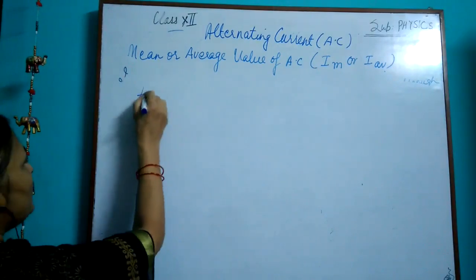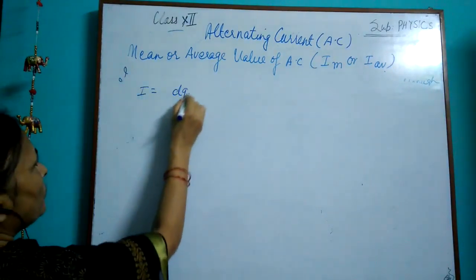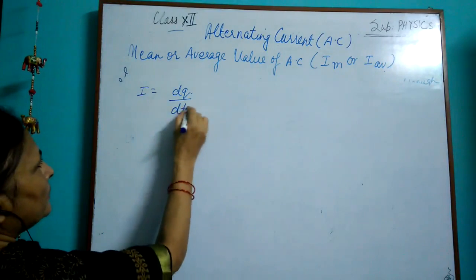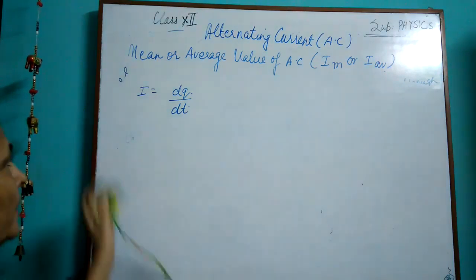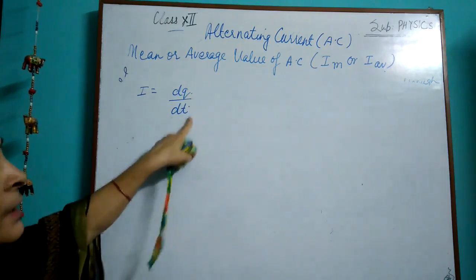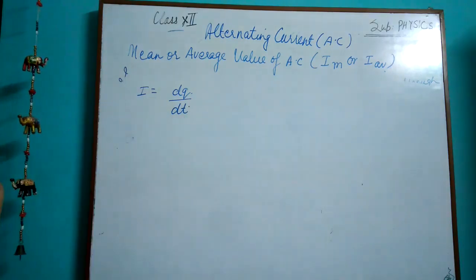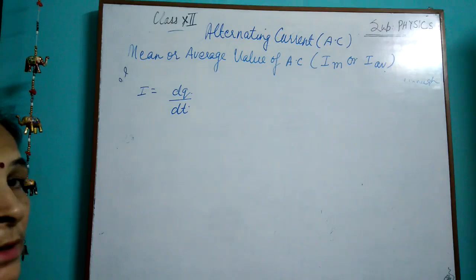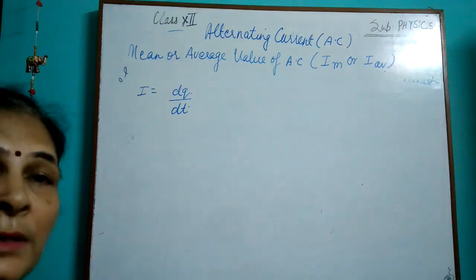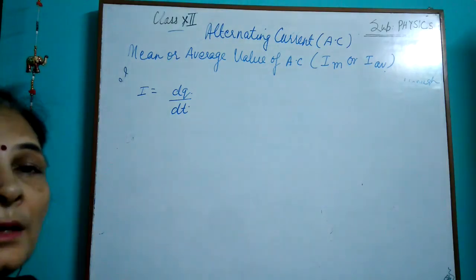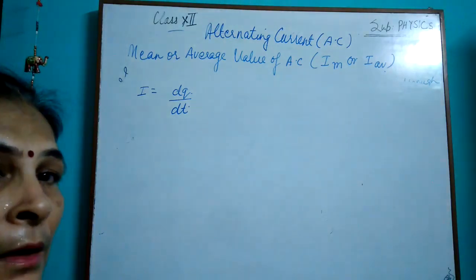We know I is equal to dq by dt. All right. And why have I taken it like this? Because the current is continuously varying. It is not remaining constant. If it would have remained constant, I would have taken I is equal to Q upon T.